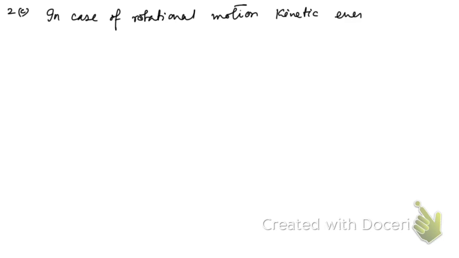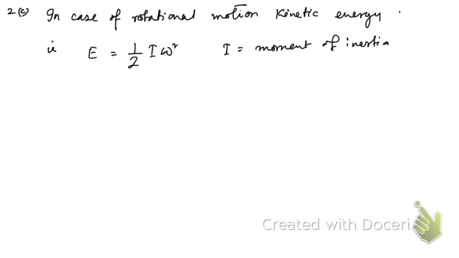In case of rotational motion, kinetic energy is given by E is equal to half I omega square, where I is the moment of inertia and omega is the angular velocity.